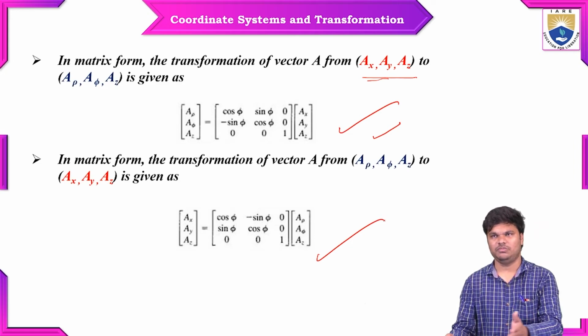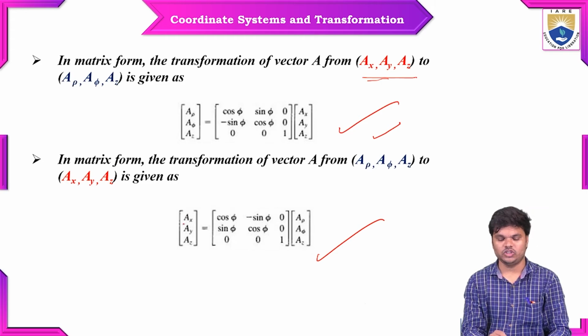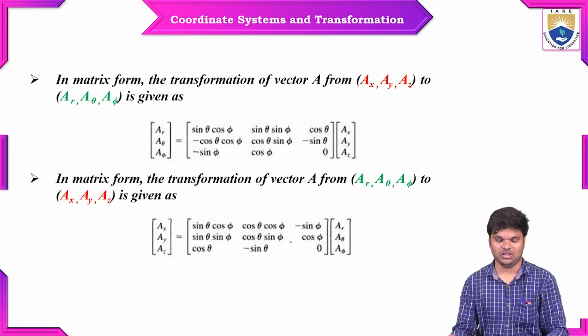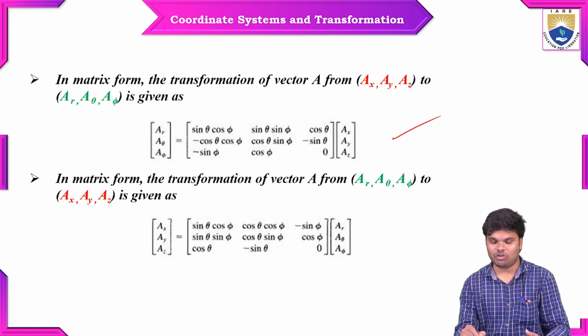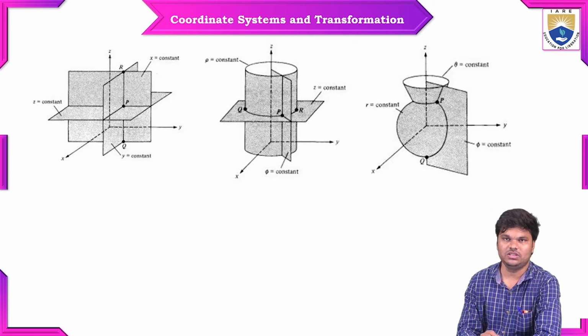We just have to take the component vectors. That means Ax should be represented in terms of A rho, A phi, and Az. Then you will get this matrix. That's it. Similarly, if Cartesian coordinates are known, then how do we find out spherical coordinates? In this way. If spherical coordinates are known, then how do we find out Cartesian coordinates? In this way.